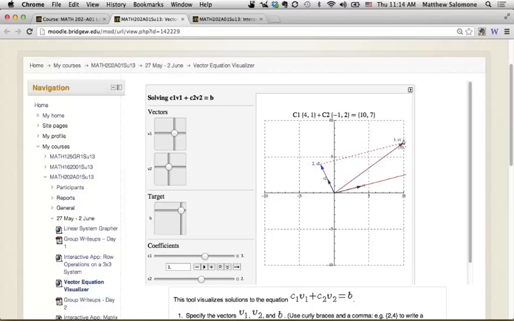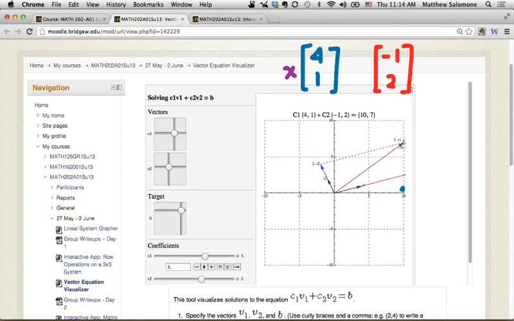Coming back to our applet here, what we're trying to do now is take the idea of linear combination, whereby we had a couple of vectors, (4, 1) in this case, and (-1, 2). And then we were taking some linear combination of the two.